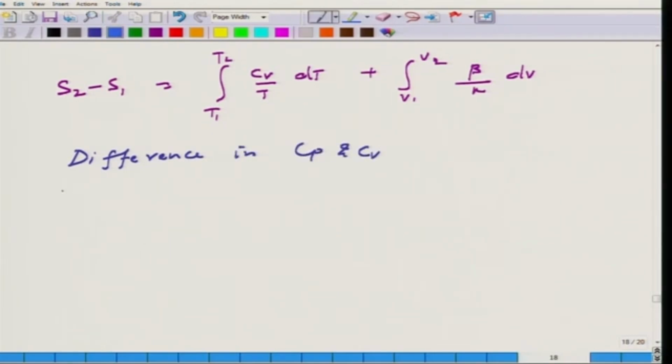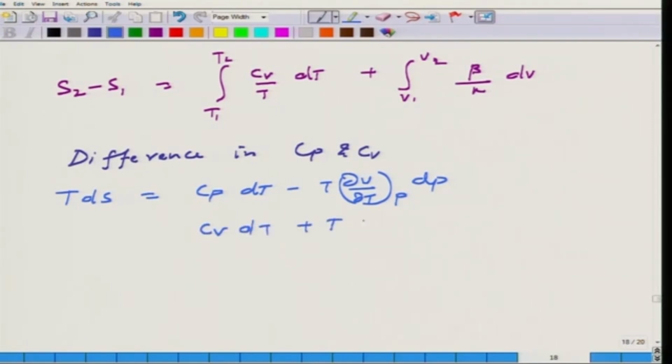Okay, so let me start with this expression of TdS, which we know can be written as Cp dT minus T (∂V/∂T)_P dP, and this is Cv dT plus T (∂P/∂T)_V multiplied by dV.